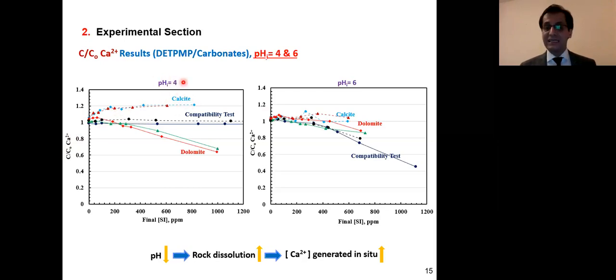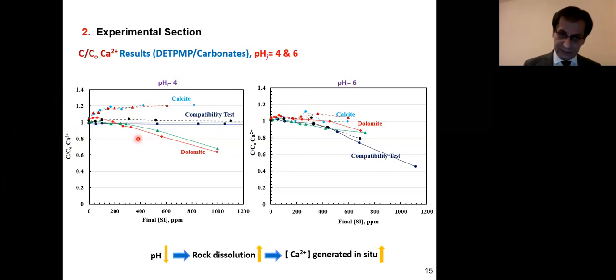But as pH 4 is more acidic compared to pH 6, the rock dissolution is more significant at pH 4 than at pH 6. That's why the normalized calcium for calcite at pH 4 is higher than for DETPMP calcite at pH 6.